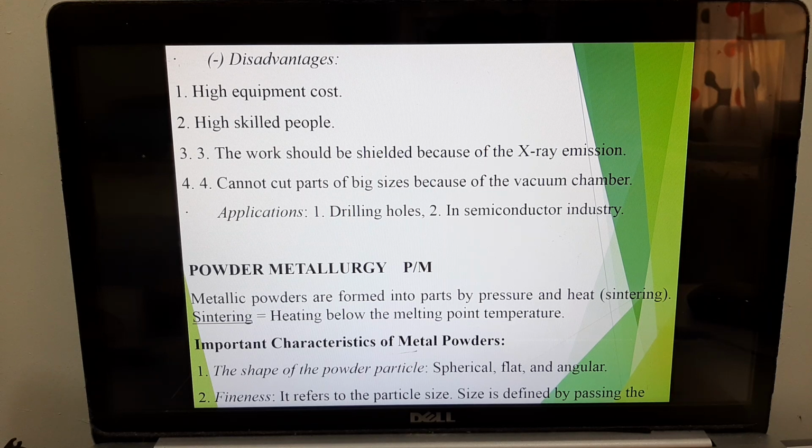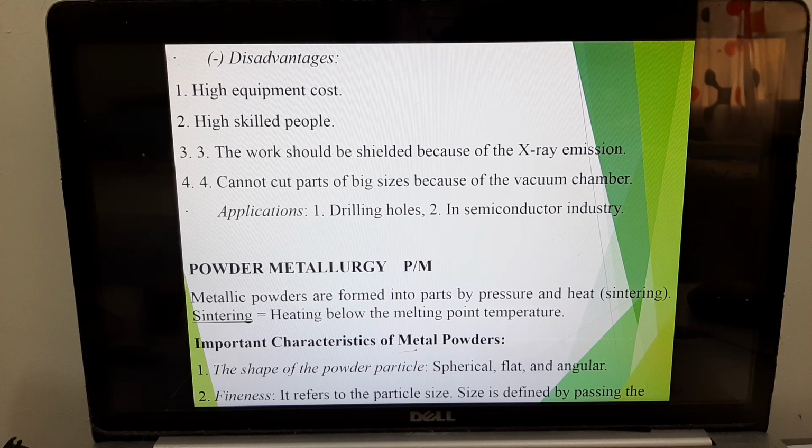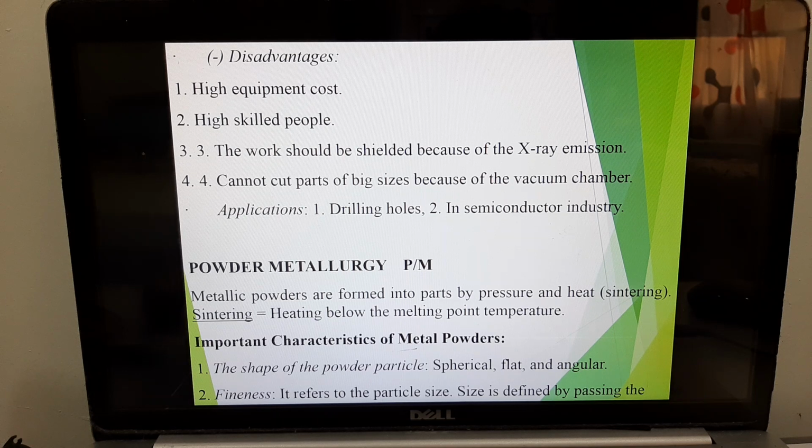The major difference between laser and electron beam is that laser is safer. Why? Because in laser beam machining we do not need to worry about the environment. It can be done in an open environment because radiation is very minimal, or at a safe level, whereas electron beam machining has very high radiation, similar to X-ray.